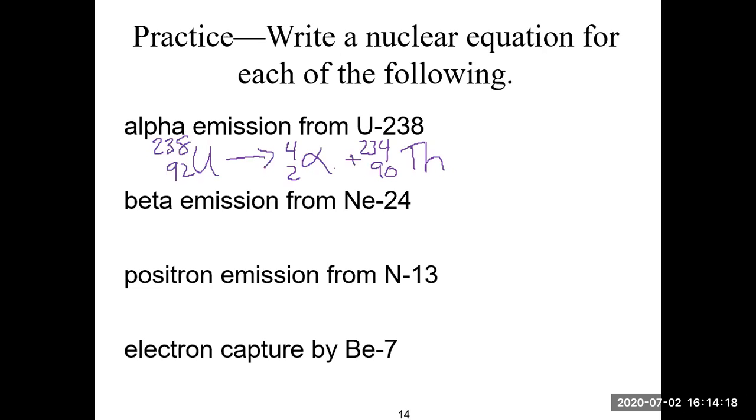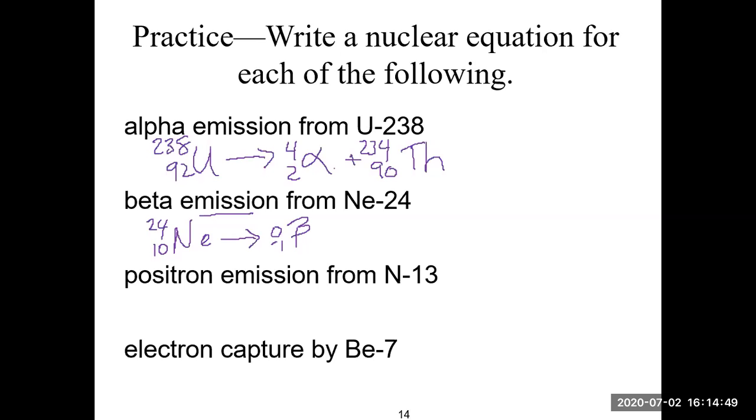All right, following the same approach for our next one, we have neon with 24 on top, the mass number. From the periodic table, we see neon is lucky number 10. Again, we're dealing with an emission, which tells us that the particle should be on the product side. And that beta particle, you could use either the e or the beta symbol. Again, we want to figure out our missing atomic number.